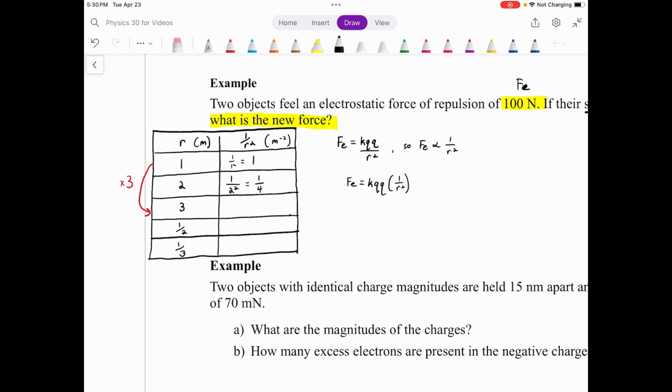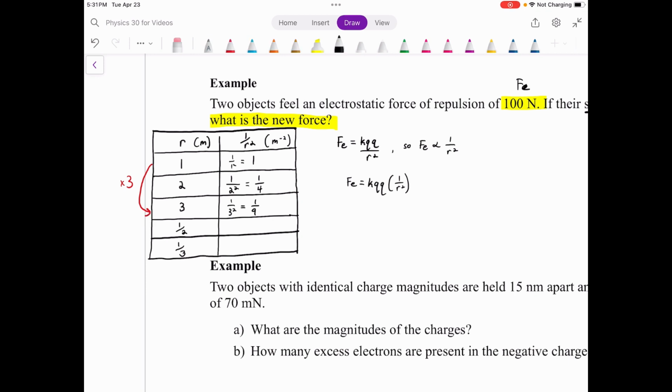Well, if r has become 3, then we've now got 1 over 3 squared. So 1 over r squared didn't become 1/3 as large, it became 1/9 as large. And the same goes for the electrostatic force, since that really just depends on 1 over r squared. So moving them 3 times further away made the force 9 times weaker. 1/9 the force from triple the distance.